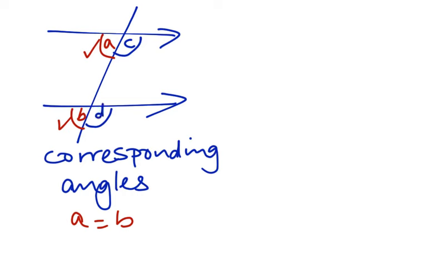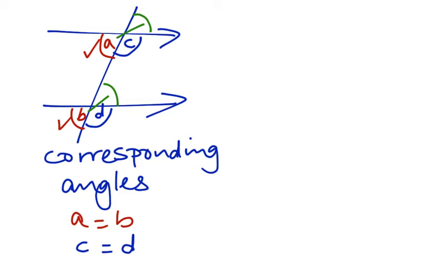These angles are on the bottom right hand side, and so by the same token, C and D are the same. I hope you notice as well that if I put an angle on the top right, it's vertically opposite to A and B. So they're also corresponding to each other, and by the same token, they will also be the same.